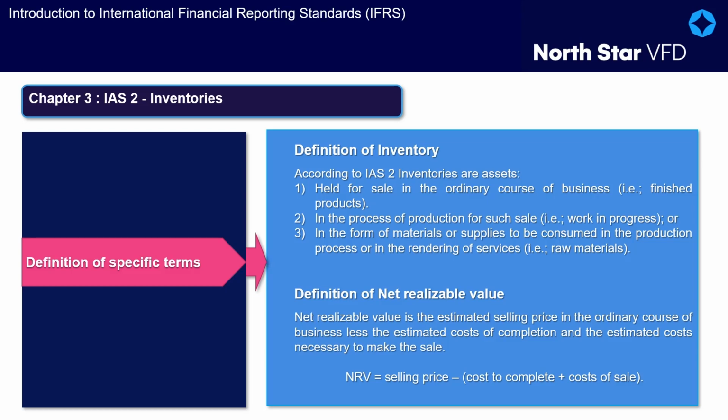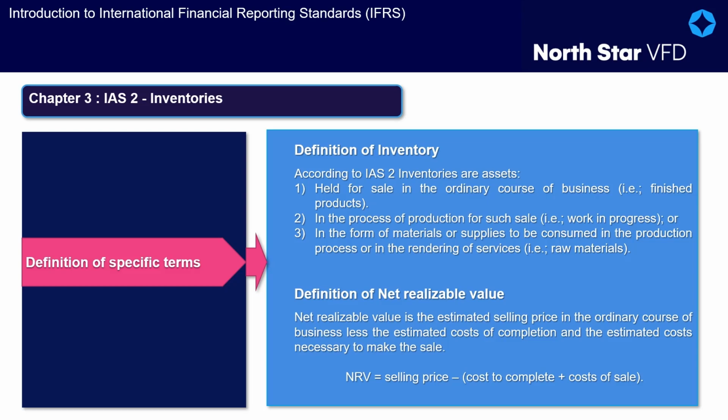Inventories encompass goods purchased and held for resale, including, for example, merchandise purchased by a retailer and held for resale, or land and other property held for resale. Inventories also encompass finished goods produced, or work in progress being produced, by the entity and include materials and supplies awaiting use in the production process.